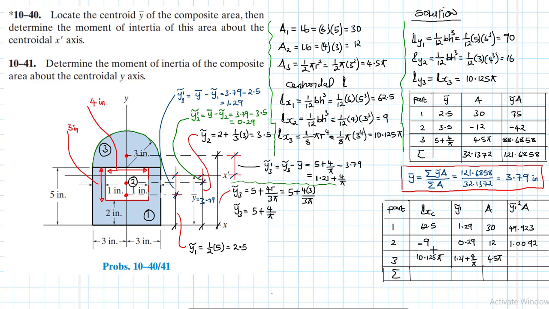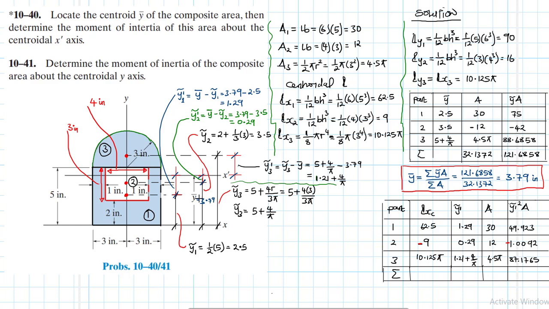And then we have 1.21 plus 4 divided by pi, squared, times 4.5 pi. We have 87.1765. Then let's sum them up. Mind you, this one is a negative. Let's not forget, this one here is a negative, just like this one is a negative, because this is a hole, a space.